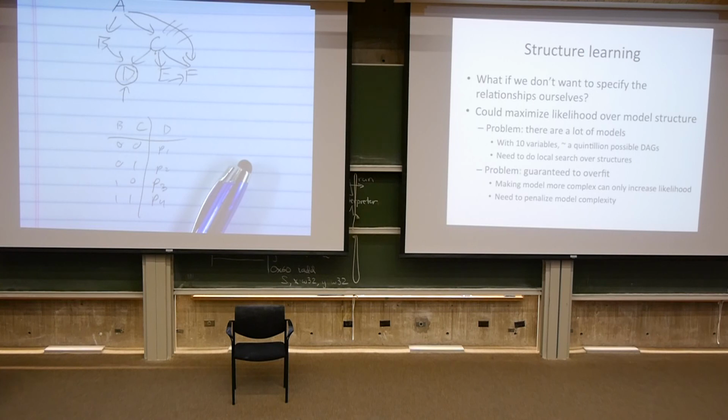So there's also the question of, how do you decide how good a structure is? Normally, we would want to use likelihood, because maximizing likelihood is kind of our guiding principle for most things we do. But the problem is that if you're doing model selection, maximizing the likelihood is no good, because a more complex model will always have a higher likelihood.